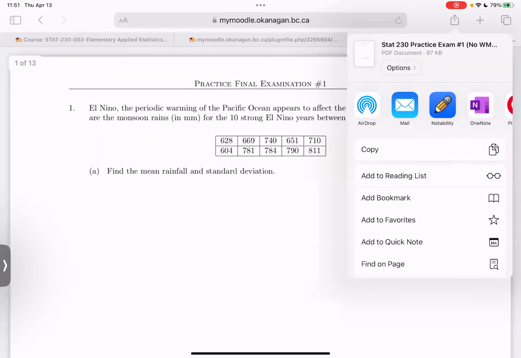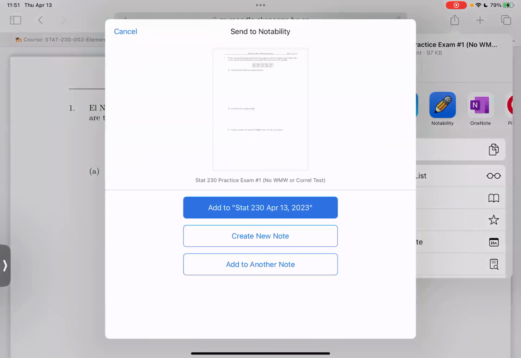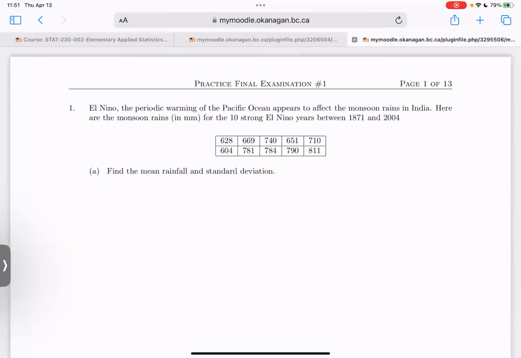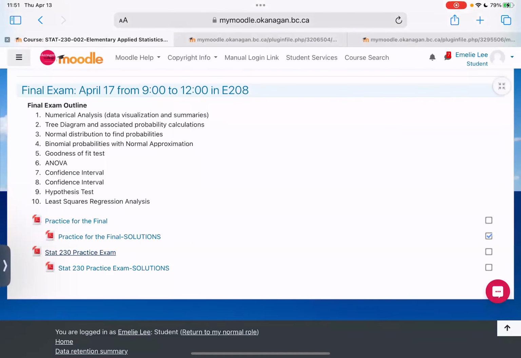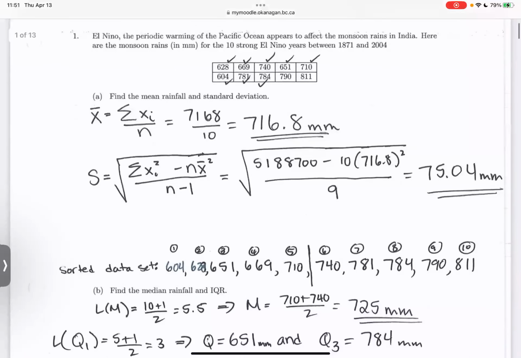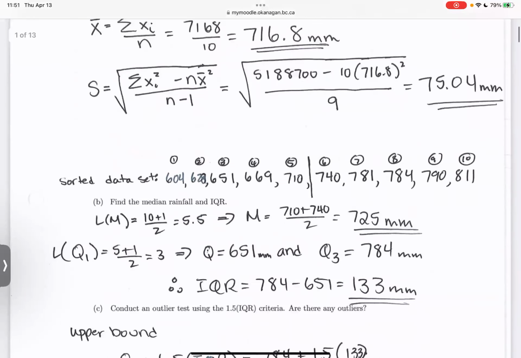Let me bring this in. Sure, I'll add it to the note. I'm not scared. And then the solutions, so these are Jen's solutions. I mean, it might be good to kind of brush up, but you'll see she does things a little bit different than how we did it.